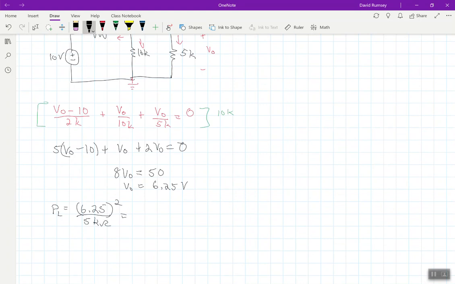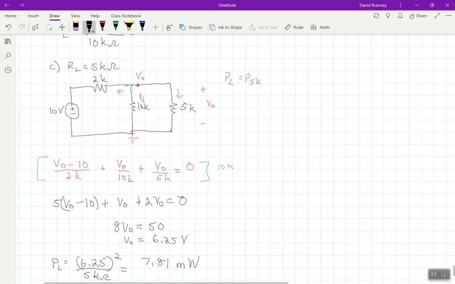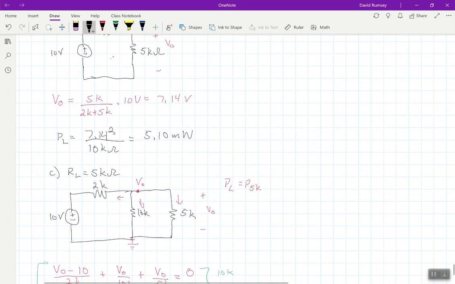So 6.25 times 6.25 divided by 5K, we end up getting 7.81 milliwatts. Well, wait a minute. That's higher than what I had with the 10K.